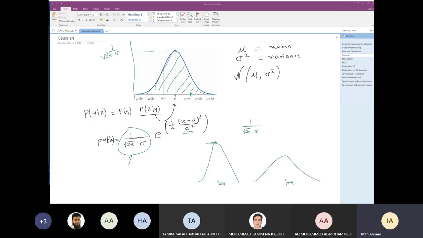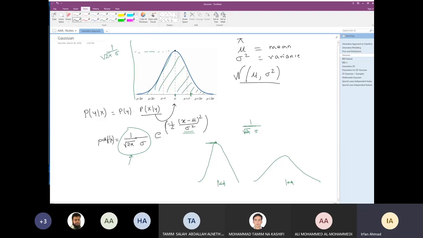So is this clear? If you are going to do this type of generative modeling with one dimension, you just look at the samples of a class and find the prior. And for each class, you just estimate the mean and the variance, and that's it.